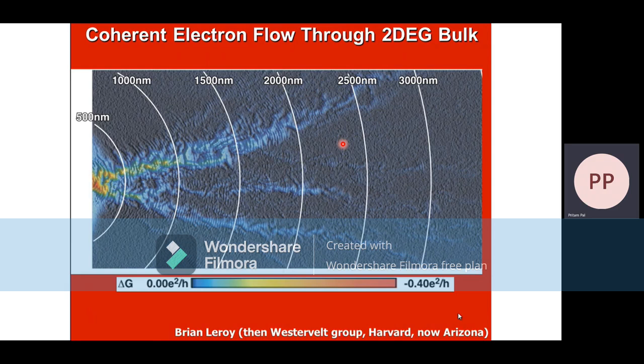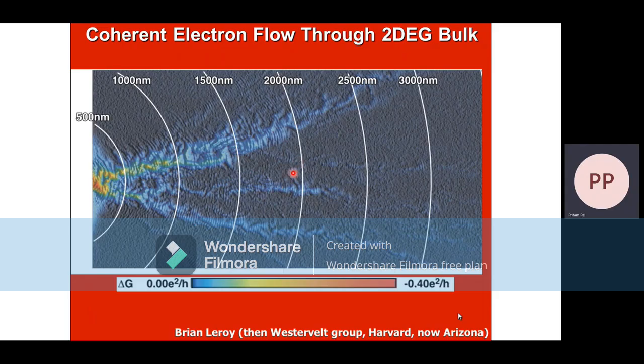Another thing you can see in this wonderful set of data is a set of interference fringes, and these interference fringes are quantum wave interference of electrons with themselves.